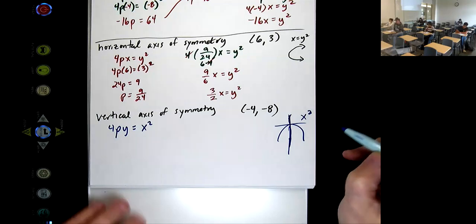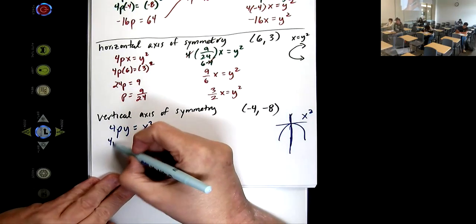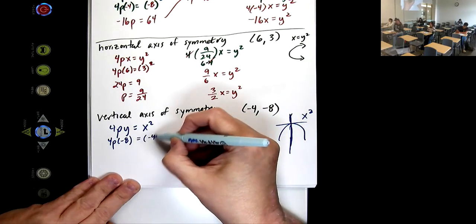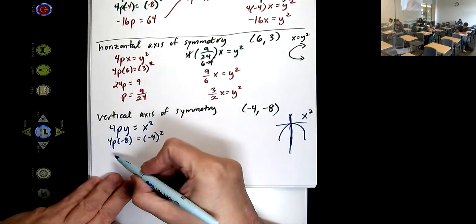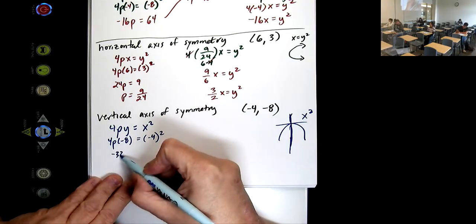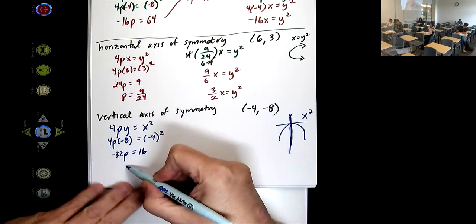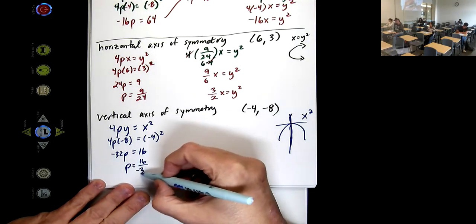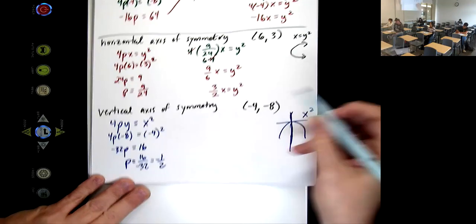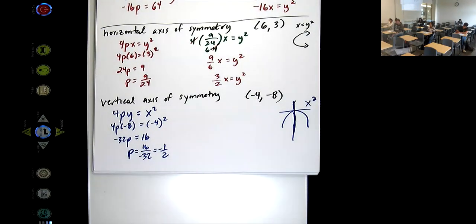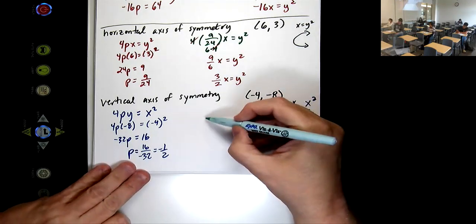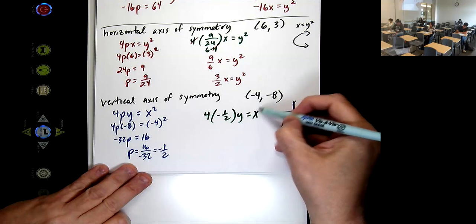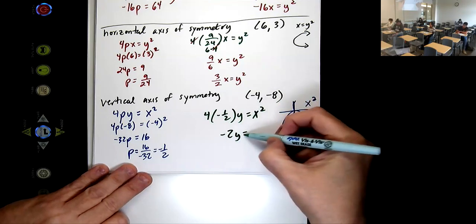And we'll do the same thing. 4p times -8 equals -4 squared. So -32p equals 16. And p equals 16 over -32, which is -1/2. I plug that in. And I get -2y equals x squared.